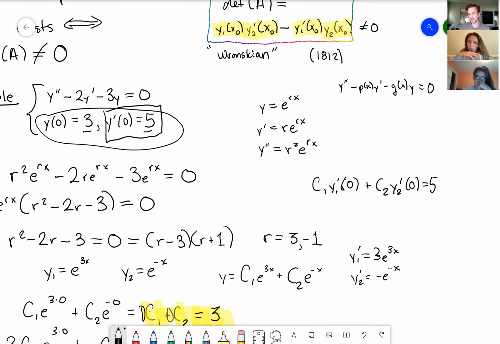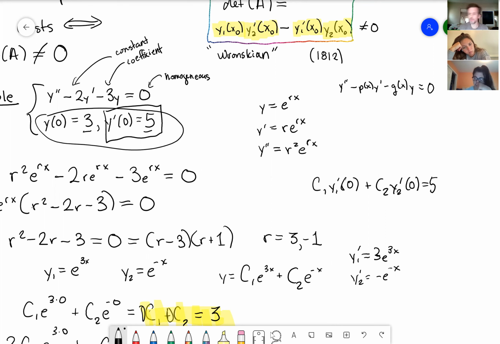So we have a very specific case here. Not only is it homogeneous, but we also have constant coefficients. And this is a very special case.